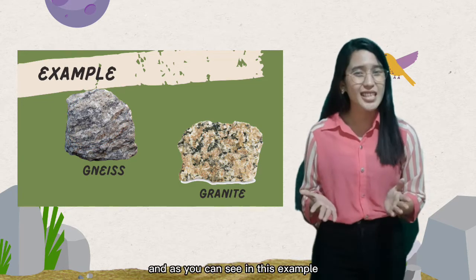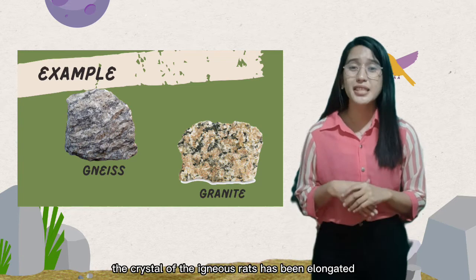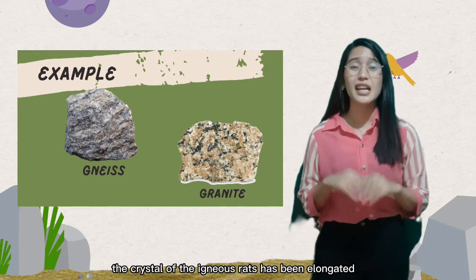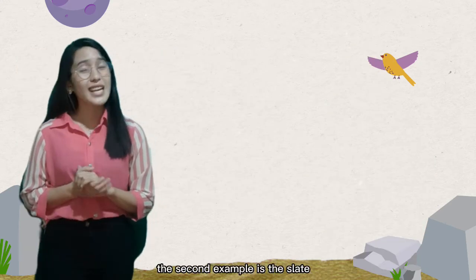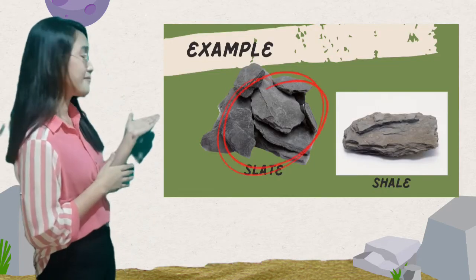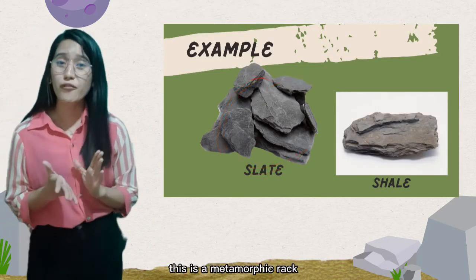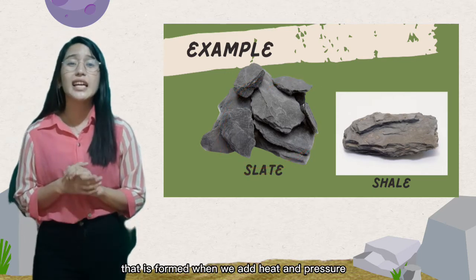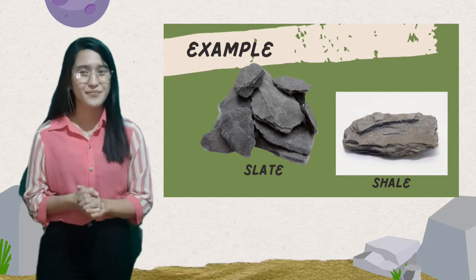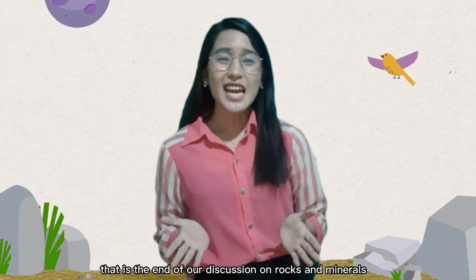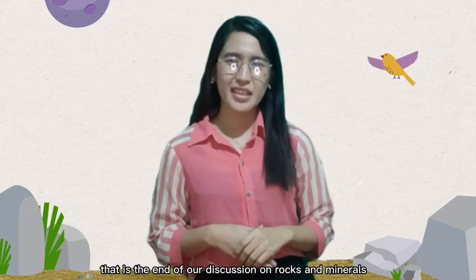As you can see in this example, the crystals of the igneous rock have been elongated to show foliation. The second example is slate. This is a metamorphic rock that is formed when we add heat and pressure to the sedimentary rock shale. So that is the end of our discussion on rocks and minerals.